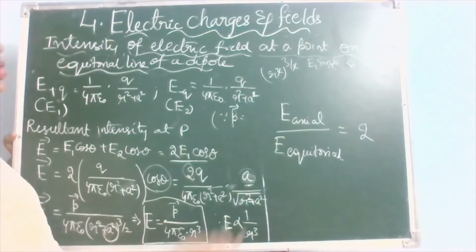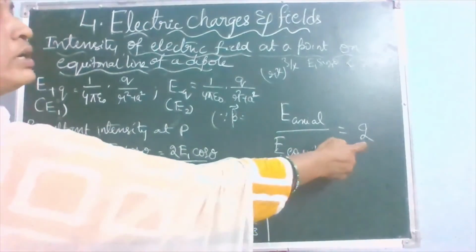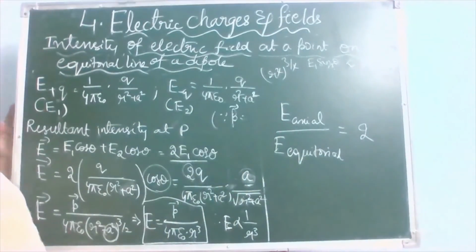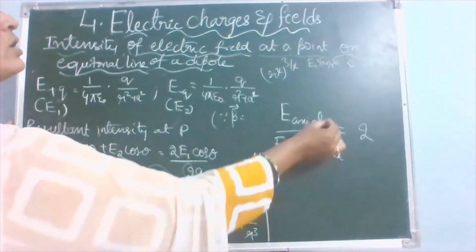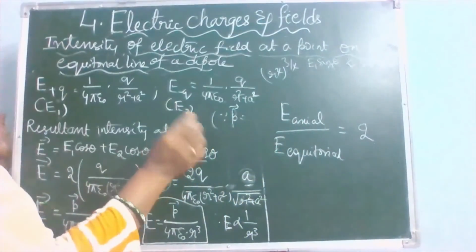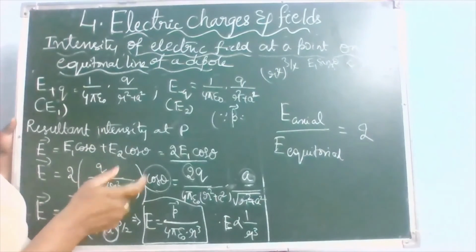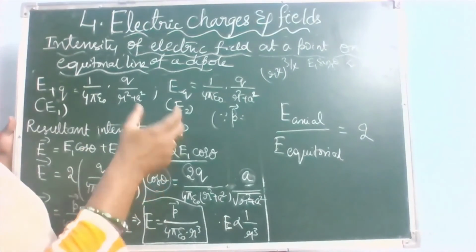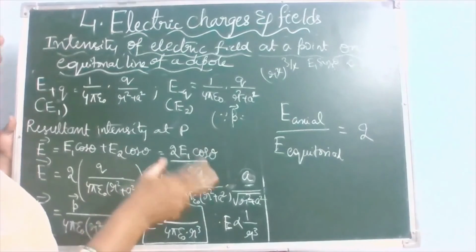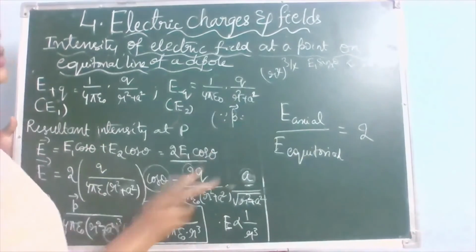From the ratio of the axial and the equatorial we got 2. That means when the point P is on the axial line of the dipole, the electric field intensity will be more than on the equatorial line. How much more? Twice.